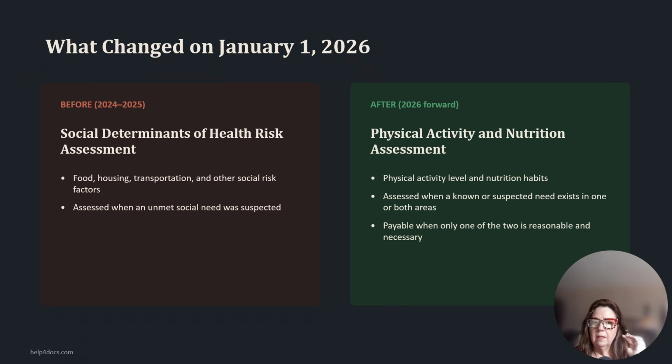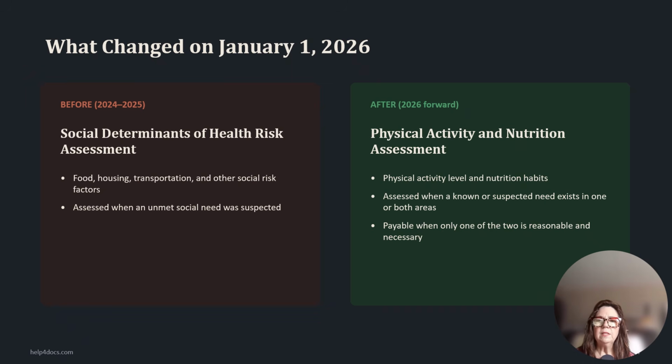This was the headline. Effective January 1st, 2026, CMS kept the G0136 code number, but it completely swapped what it measures. It used to be about social risk factors. Now it's about physical activity and nutrition. Same code, same time requirement, same 6-month frequency limit, but a totally different clinical target.